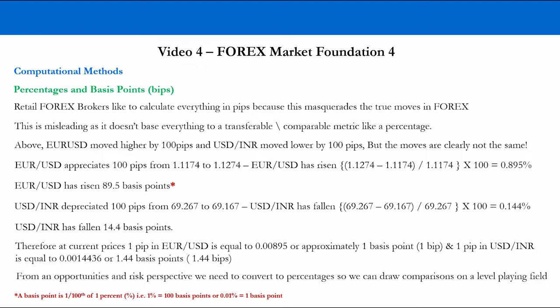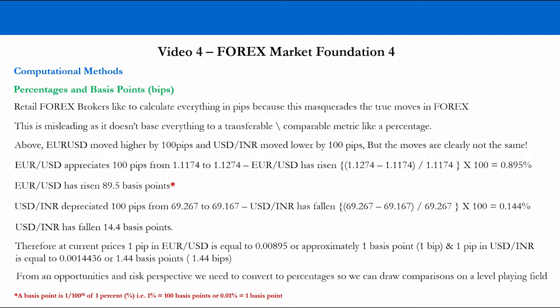So above, in the example, euro dollar moved higher by 100 pips, and we also looked at dollar Indian rupee, and that moved lower by 100 pips. So they both moved by 100 pips, but the moves clearly are not the same.